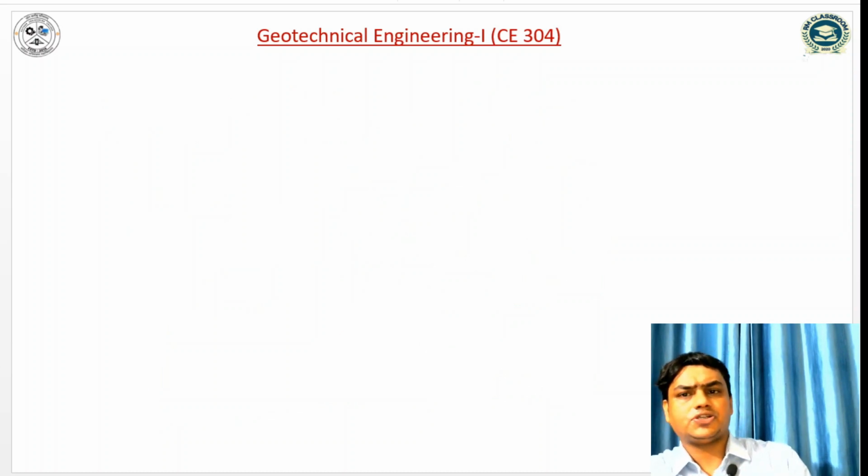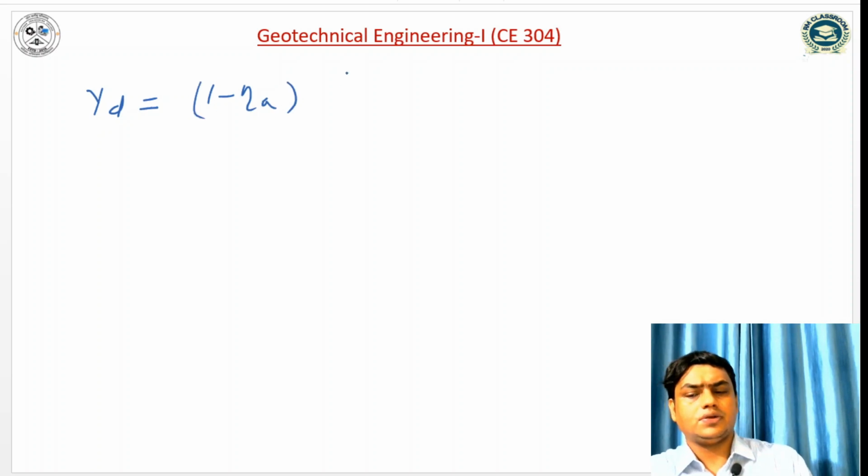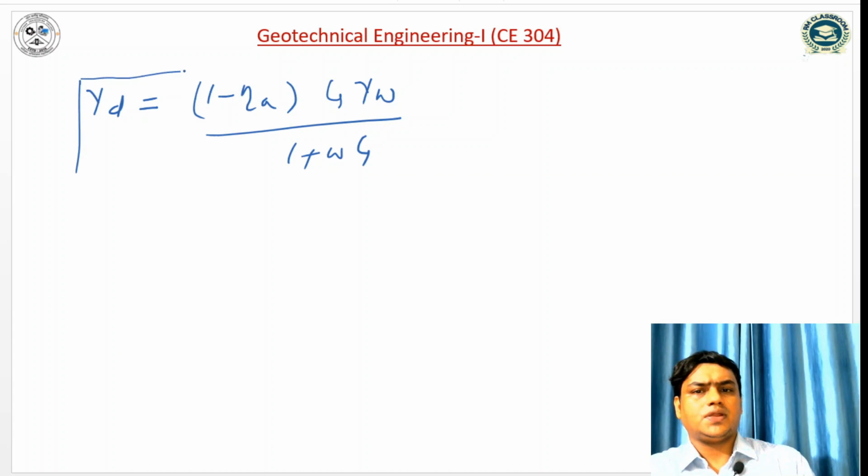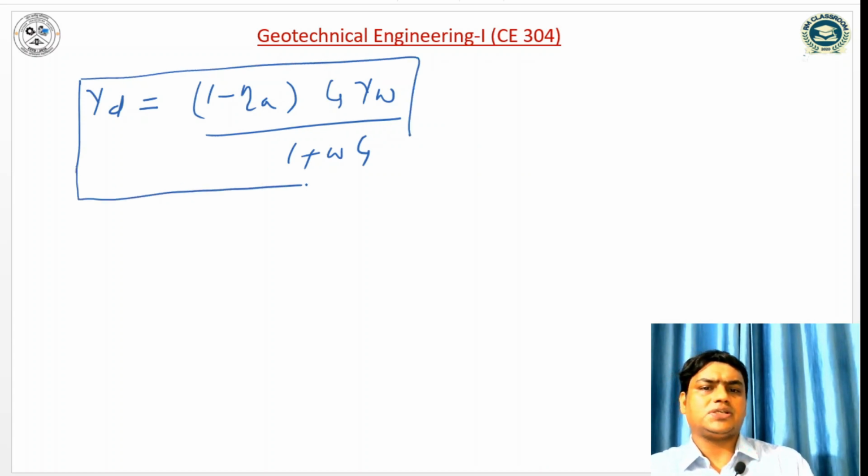So the final expression: gamma D is equal to (1 minus percentage air voids) into G gamma W divided by (1 plus w into G). One thing I am clear that G and Gs is same. Sometimes I am writing G, sometimes I am writing Gs. So G and Gs is same.